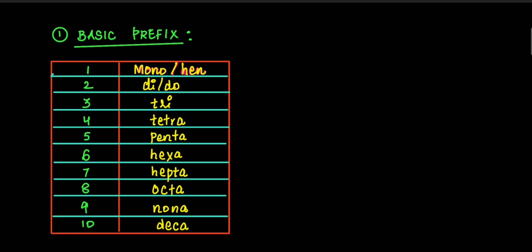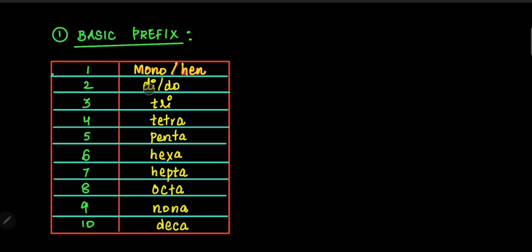For the basic prefix, starting from 1 up till 10, which are the most common types, whenever there is one unit we can use mono or hen. But for the simplest nomenclatures, wherever we have one substituent, we need not use mono. This is a generalized prefix. We use mono, or at a higher level we use hen.